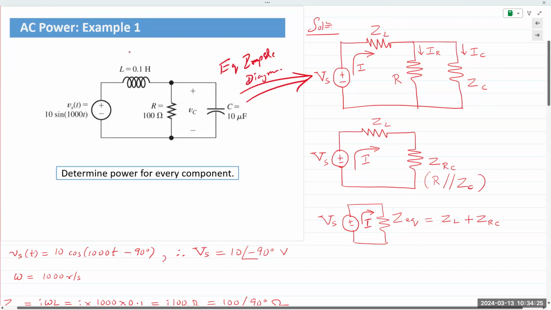I note the current flowing through the resistor and the capacitor, IR and IC. Again, think back to chapters 1 and 2. This is no different. Only the math is different, but the analysis technique is still the same. The source is supplying power, so the current goes from negative to positive.